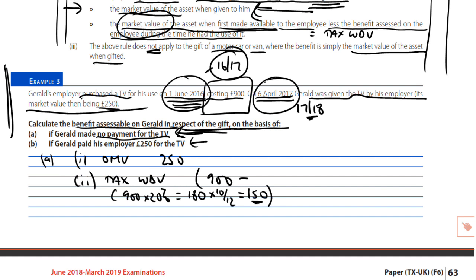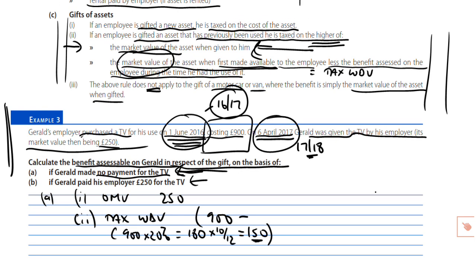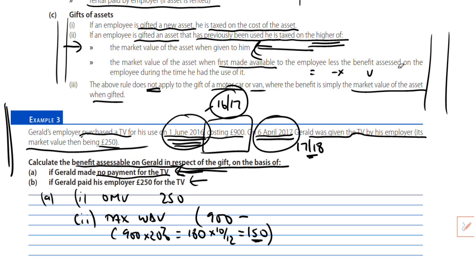So what is the tax written down value at the date of the transfer, that is the start of the 17-18 tax year? Answer, what was the original market value? So look back to this information here. What was the original market value of the asset? That was £900 there, when first available, less the benefit assessed on the employee during the time he's had the use of it. It's only that 10 months of the 16-17 year.